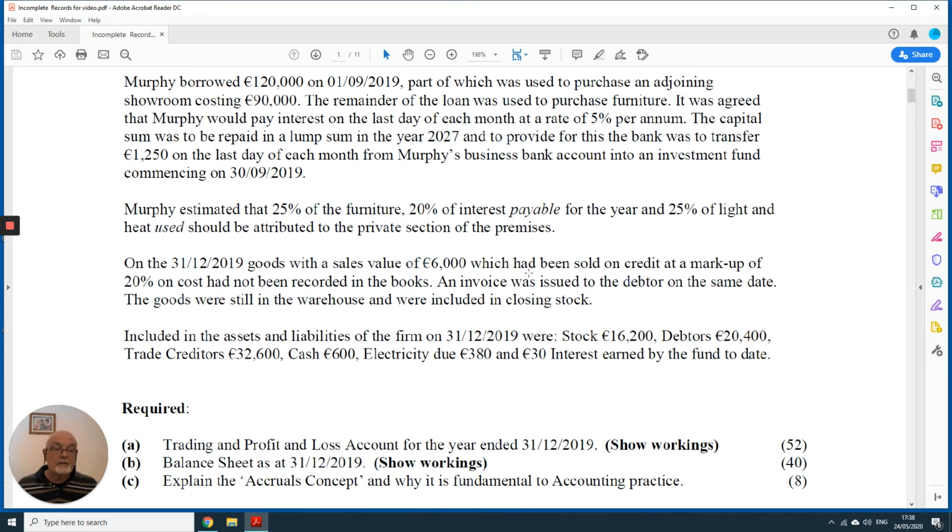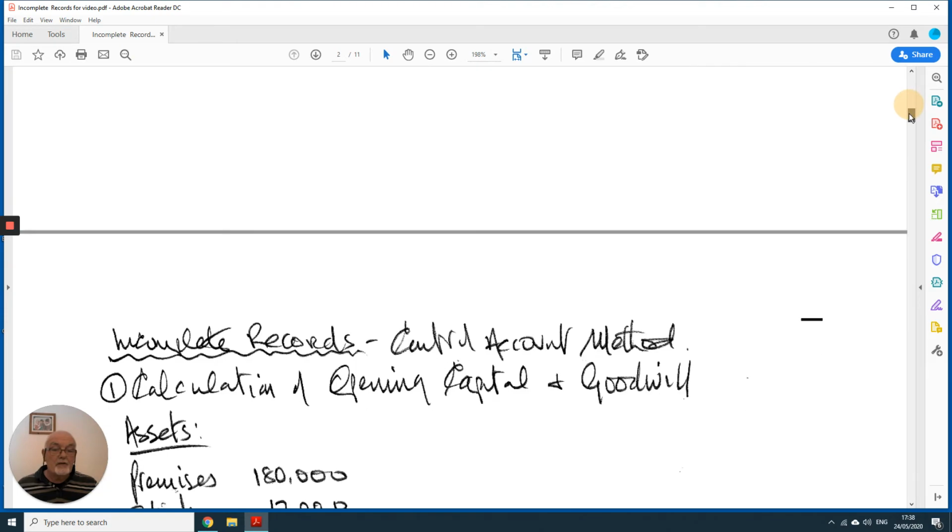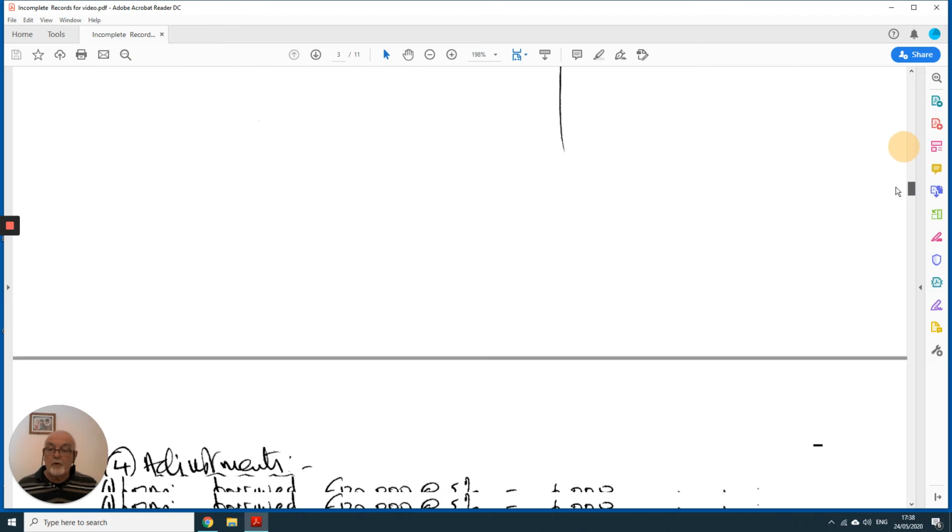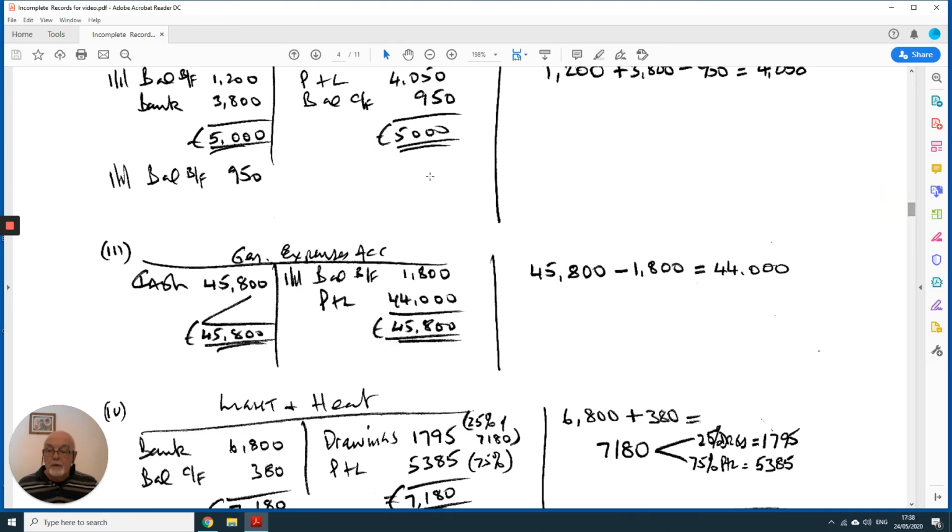So if we look at that in our salaries and general expenses account down here in step 4, we have general expenses with the debit figure here being the amount spent, and we credit our cash account with that, and we debit general expenses. That's the 1,800 that was owed from last year.